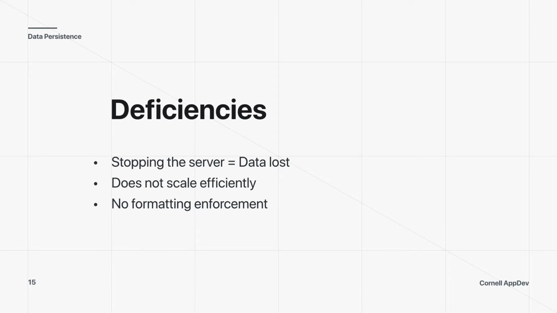Another issue is that Python dictionaries are just not good for holding very large data sets. I don't think I'd be able to fit 1 million users' information into a Python file. Another issue is that people could try to find a way to insert data that's not in an expected format. If you recall, when we made POST requests, you specified fields that a client could send to a server or a backend, but it's not guaranteed that the client will send you a Boolean or a string or an integer.